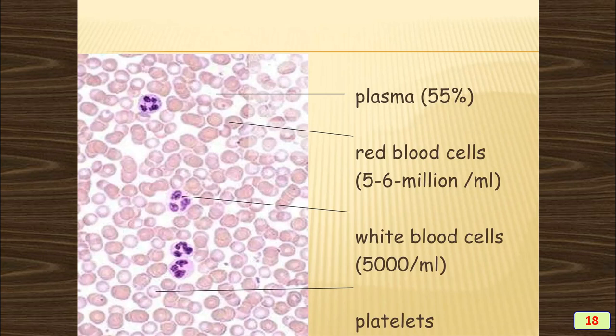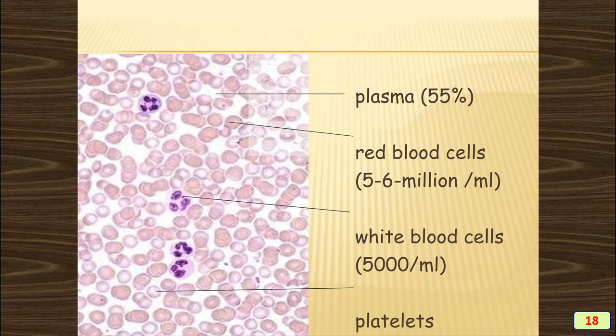So here you can see the white part, shown in between the blood cells, which occupies a huge area, is the plasma, which is 55%. Whereas the red blood cells are 5 million per ml, and the white blood cells, what you are seeing in the picture, are approximately 5,000 per ml of blood.